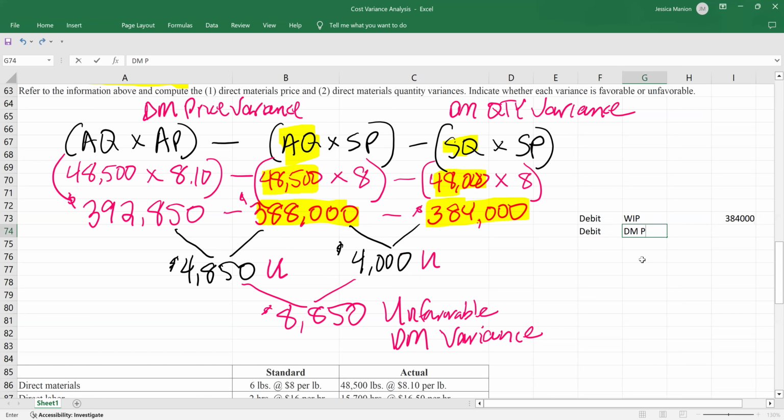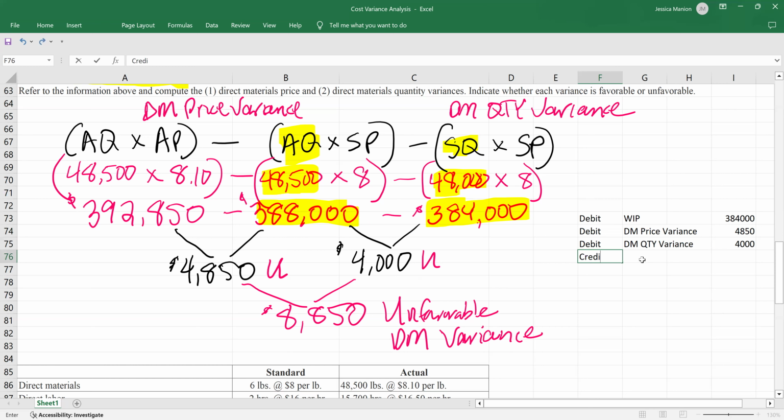direct material price variance, $4,850. We're going to debit direct material quantity variance, 4,000.